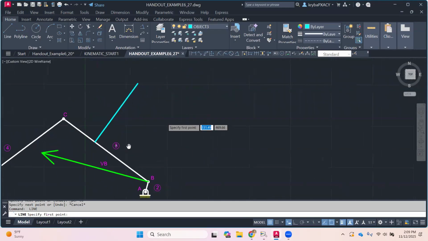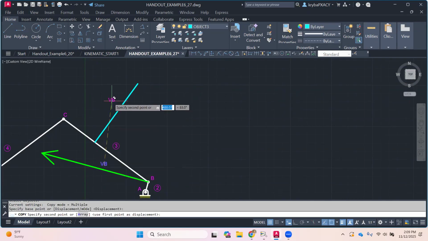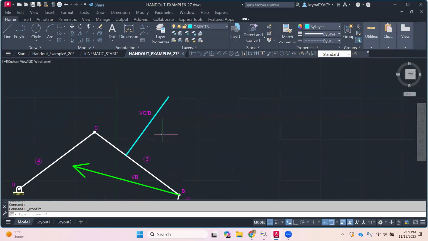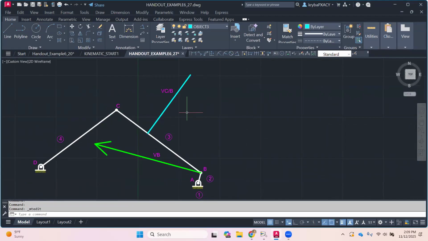There we go. And we're just going to label it velocity of C relative to B. No arrowhead on this one because we don't know which way it's going. We just know its direction, being perpendicular to link number 3.